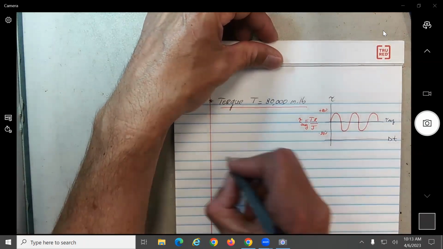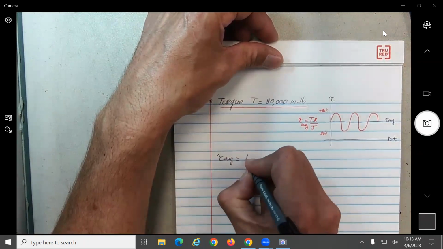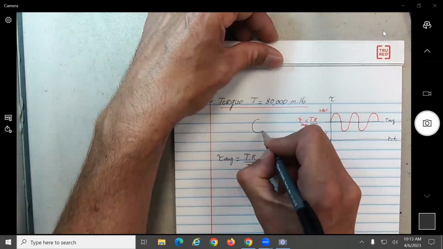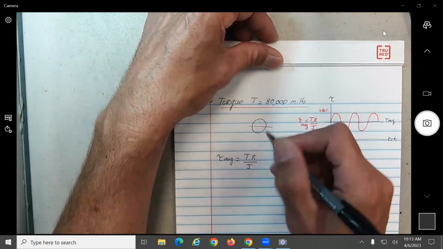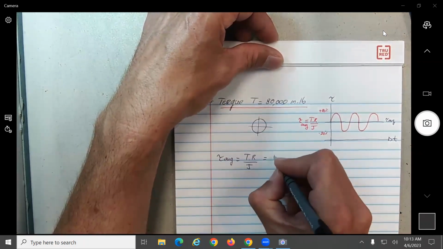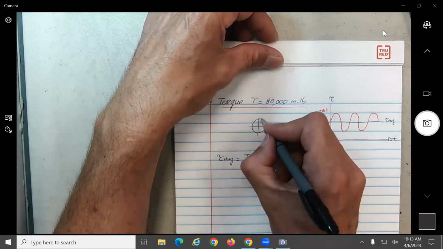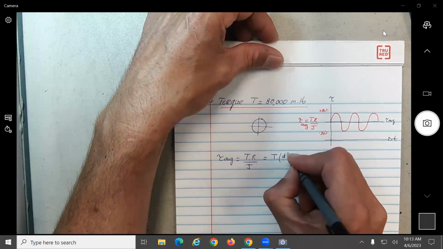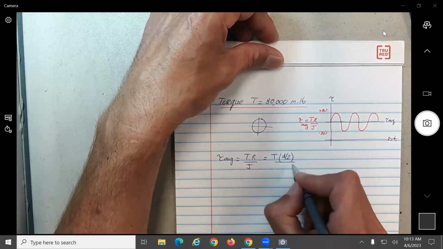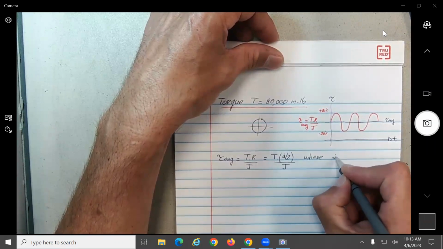Okay, so in this case, what are we going to have? Tau average is going to be equal to TR over J. And again, this will be equal to what? What will be the shear maximum? T times the outside radius divided by J. We're going to do as before. What is J?